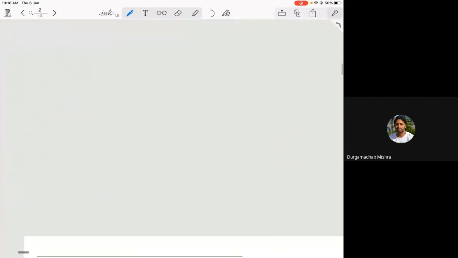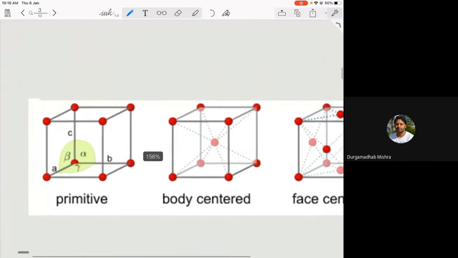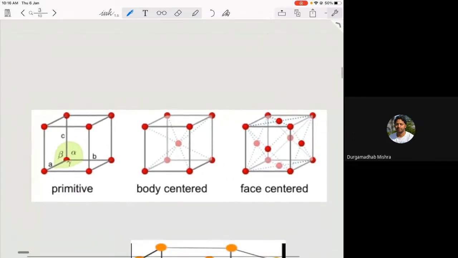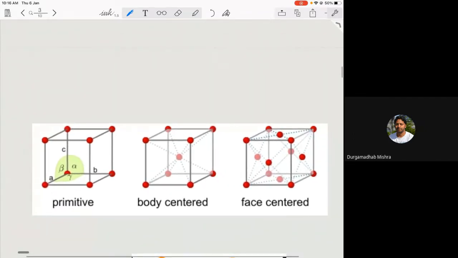So one example here, I have already plotted here. Again, this is a cubic lattice, what we are talking about here. And what you see, there are 3 different possibilities. We can have an arrangement of these lattice points which will lead to a long range order.